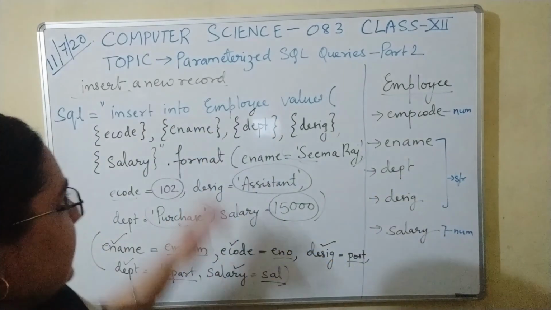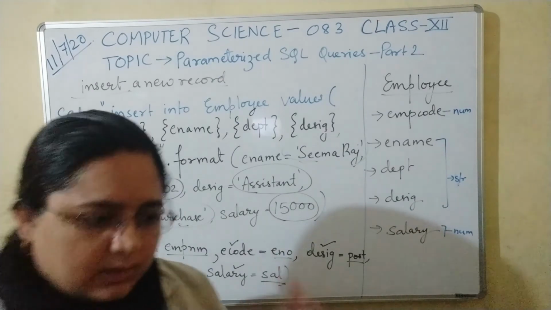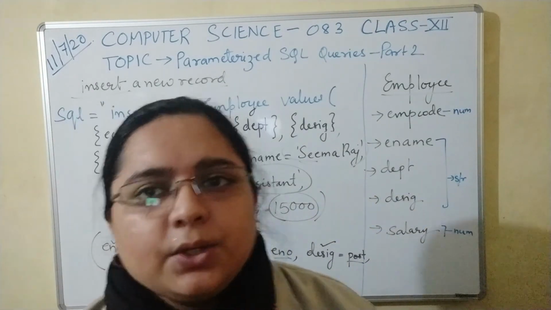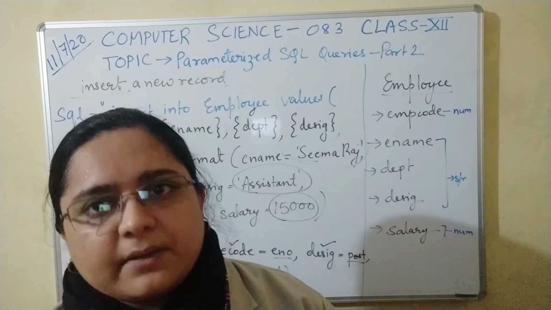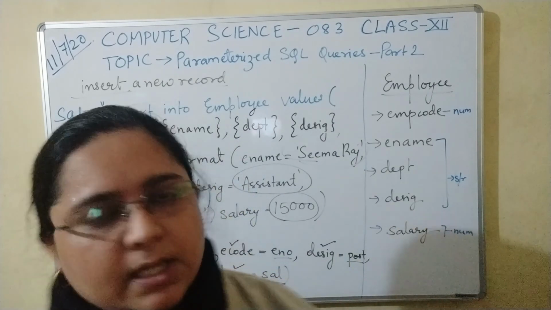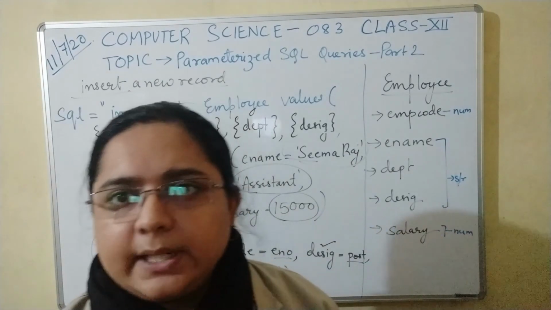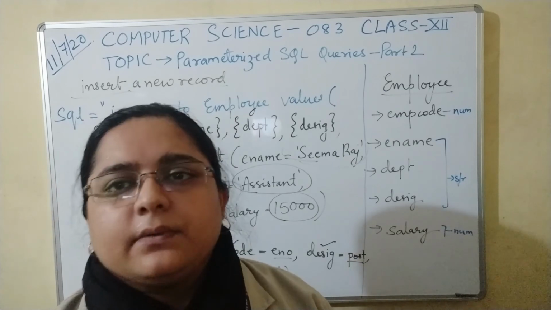So normally this insert will be written within a loop, a while loop preferably. You will be asking values from the user every time, and every time that value will be saved into your database. The practicals we will be seeing in the subsequent online as well as offline lectures.